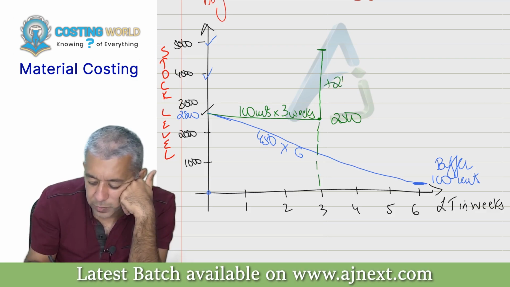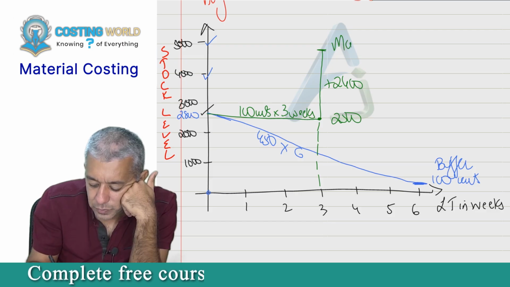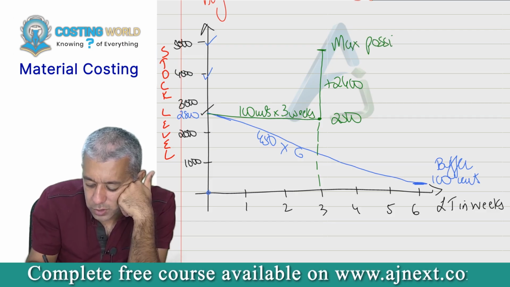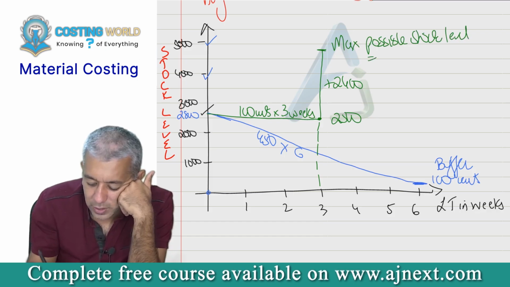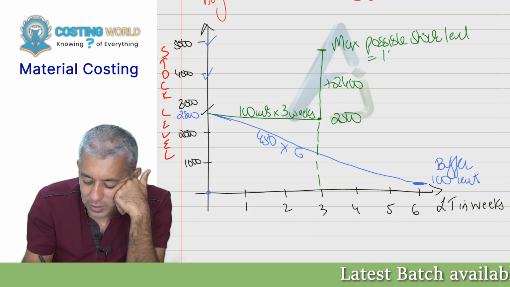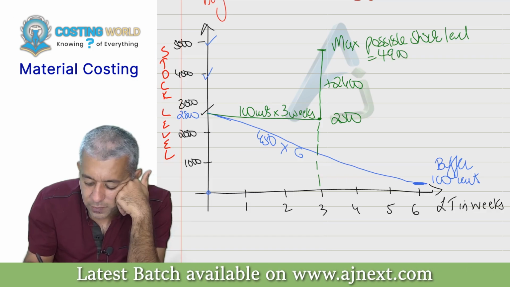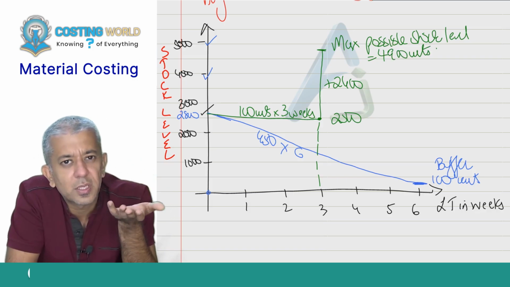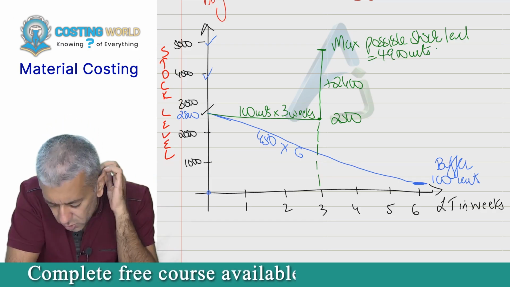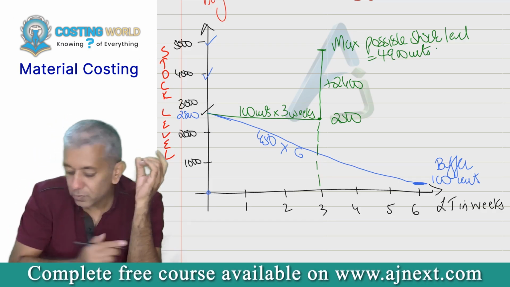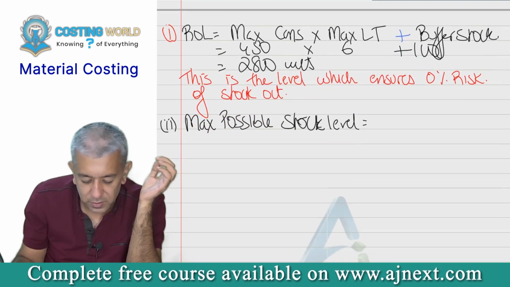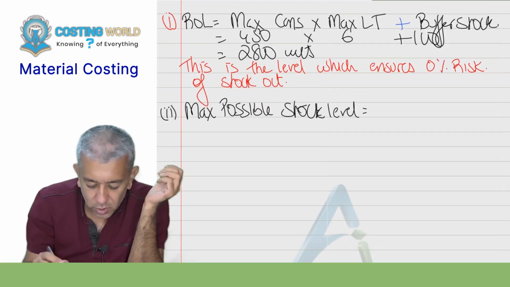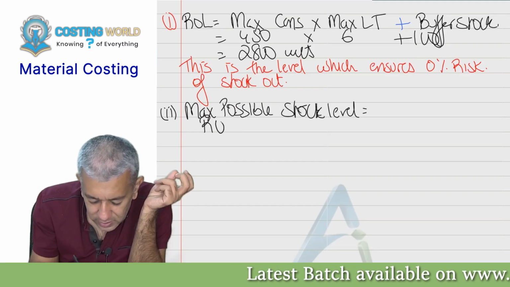So therefore, the maximum possible stock level in this particular case will be nothing but 4,900. Even in our dreams, we cannot have stock which is more than this here. This is the maximum possible stock level.